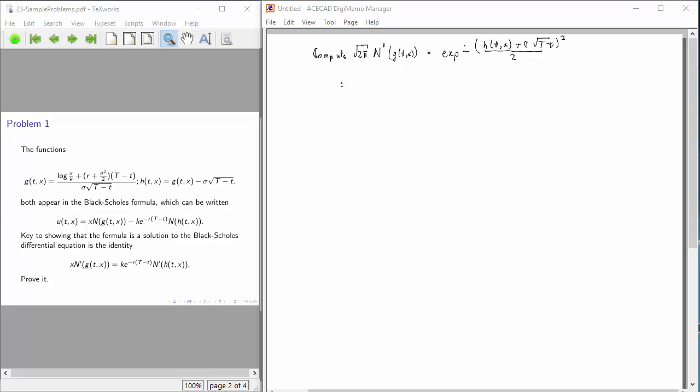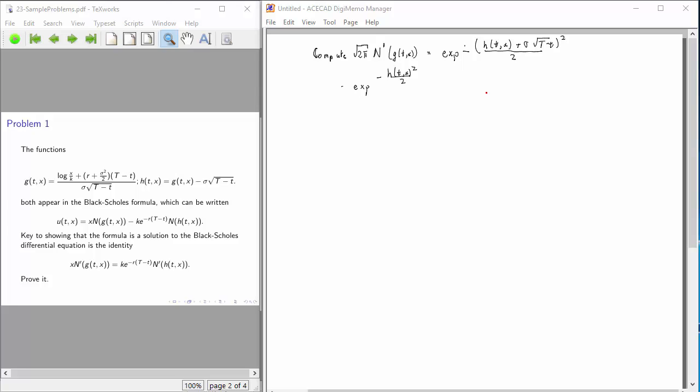Now I'm going to expand that square in the exponent to get three terms. The first term I want to write separately. That's e to the minus h of t and x squared over 2.